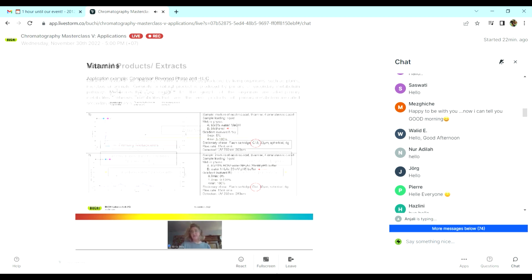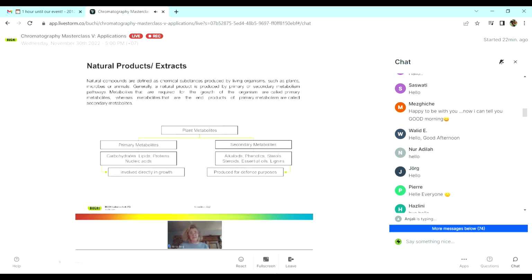Okay, now we come to the next topic, and these are natural products or extracts. A natural compound is defined as a chemical substance that's produced by a living organism. Generally, a natural product is produced by a primary or by a secondary metabolism pathway.